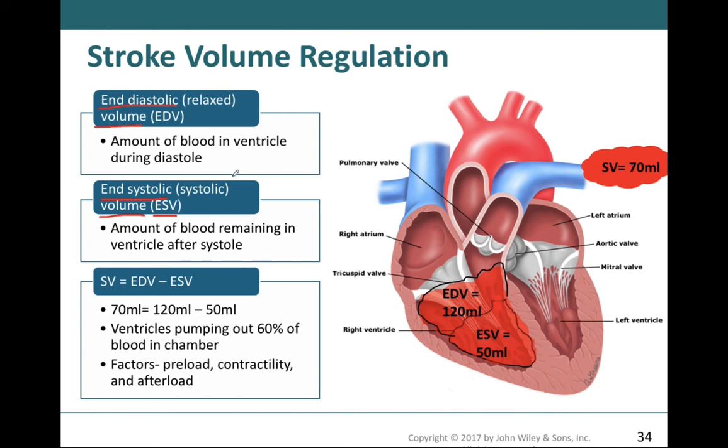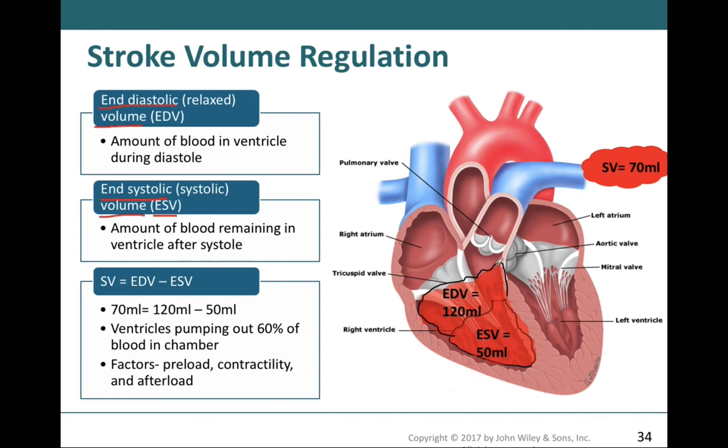So we will take the end diastolic volume and subtract the amount of blood that was not ejected from the left ventricle, and that will give us our stroke volume. You can see that normally we have an end diastolic volume of about 120 milliliters, and there will be about 50 milliliters left in the ventricles after systole. And that gives us our stroke volume of 70 milliliters.